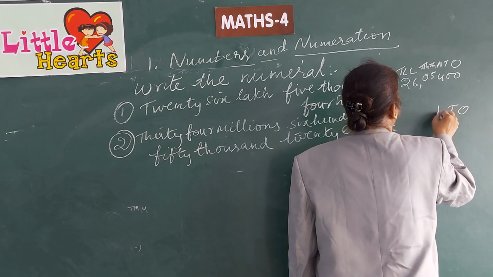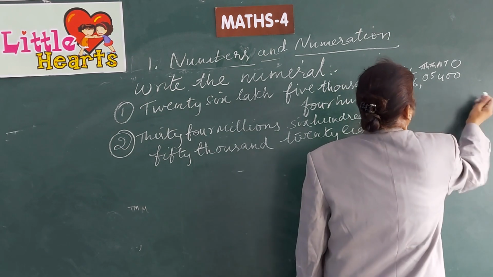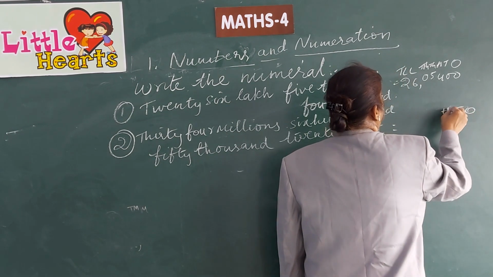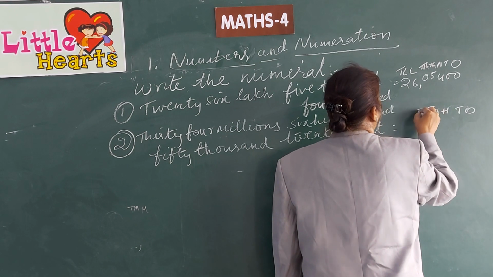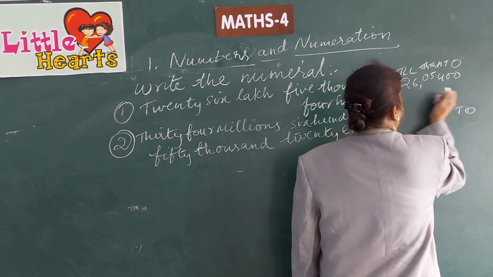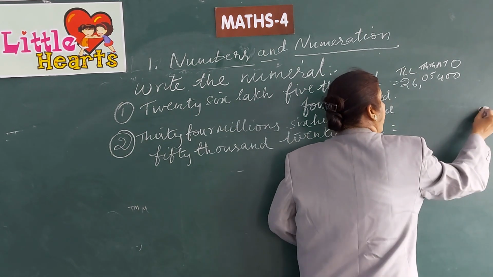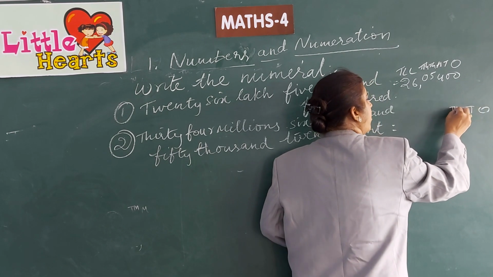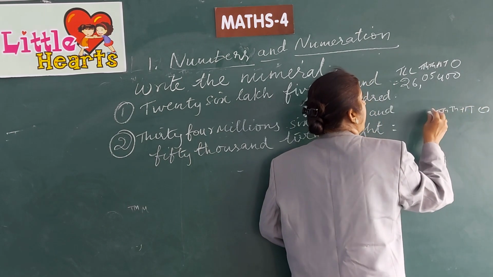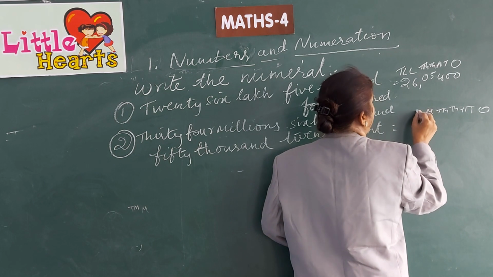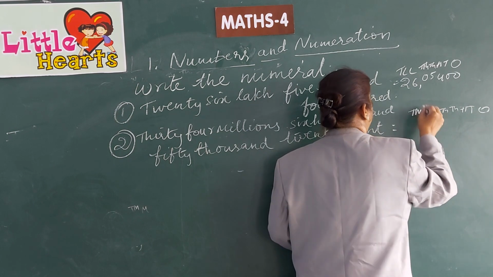Ones, tens, hundreds, thousands, 10,000s, 100,000s, millions, 10 millions.